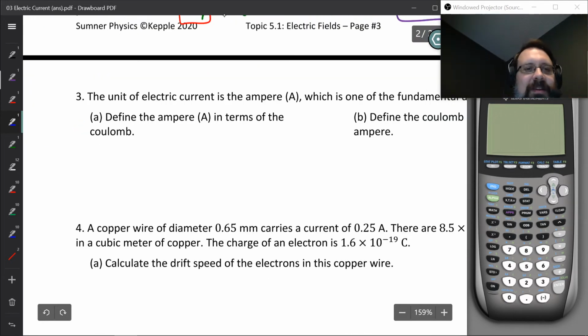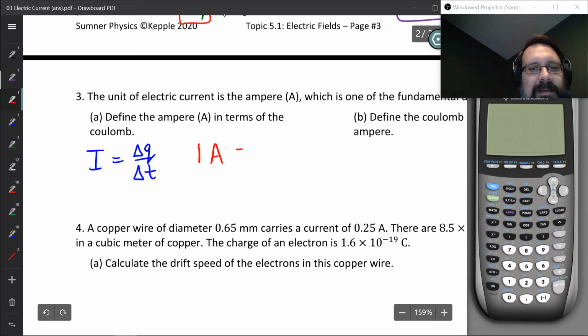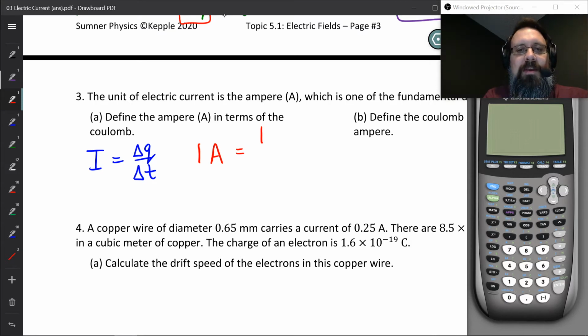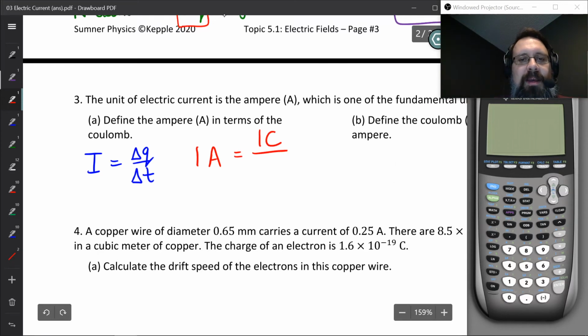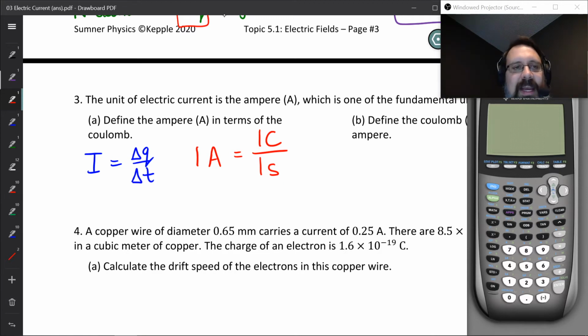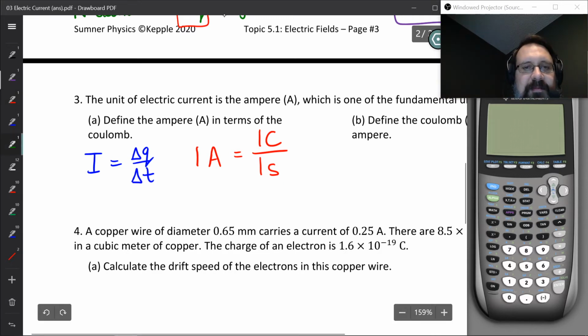So the current I equals delta Q over delta T. So what we could say is that 1 ampere is equal to, and now the unit of charge is a coulomb, 1 coulomb in 1 second. So 1 ampere is 1 coulomb per second. So we could say that the ampere is defined.